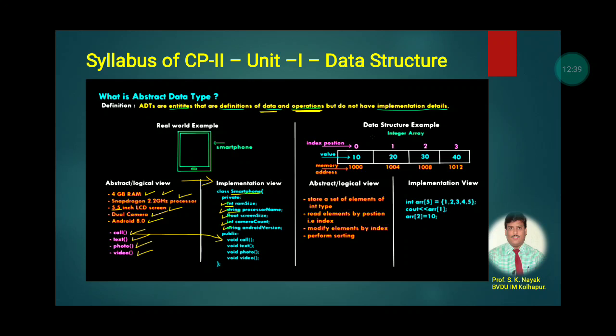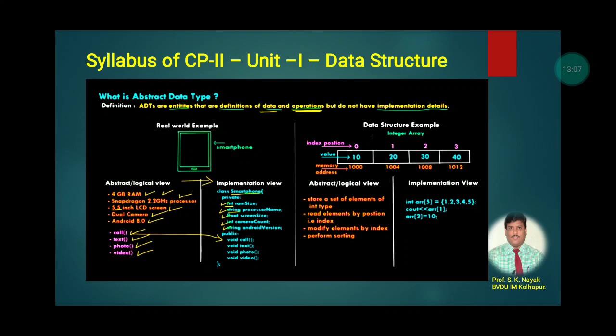So that is in an abstract manner. But actually in the implementation part you will find the code which is generated through different programming languages. So now you can see here the implementation view. This is really related to programming concepts. Implementation will be later in abstract data type. So this is a concrete example.